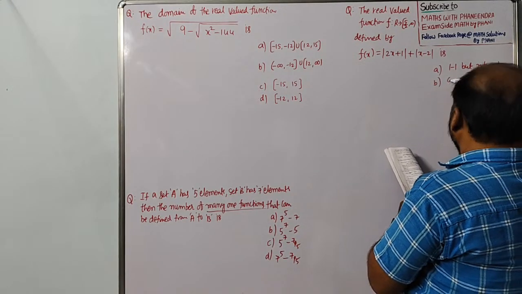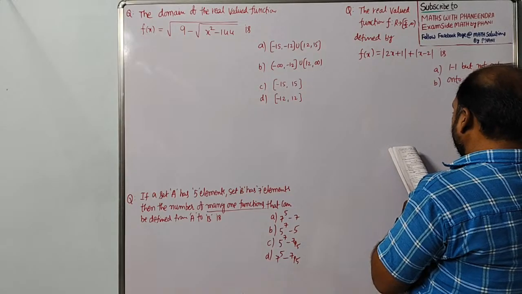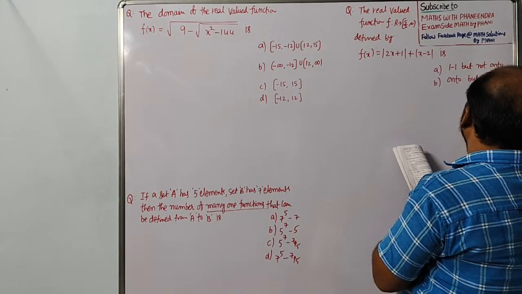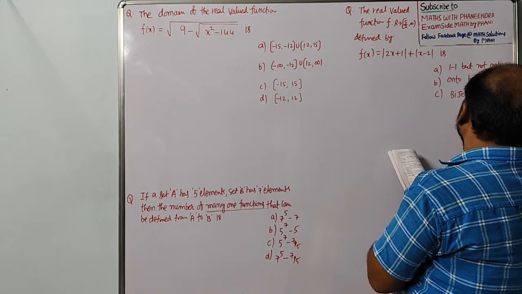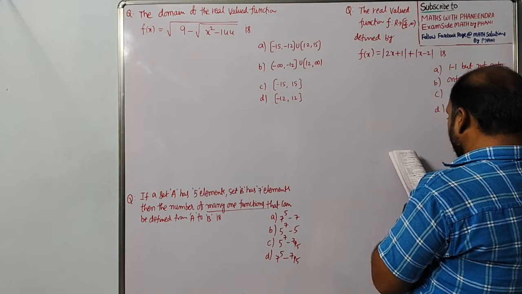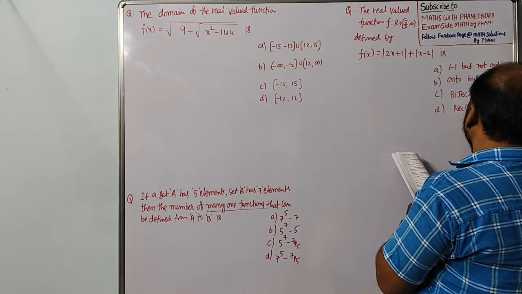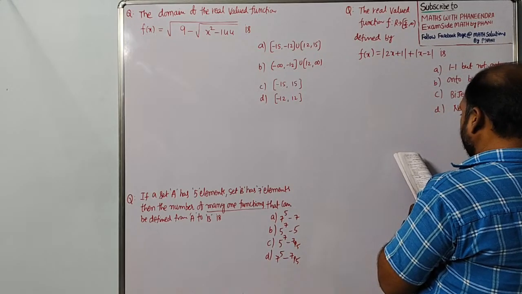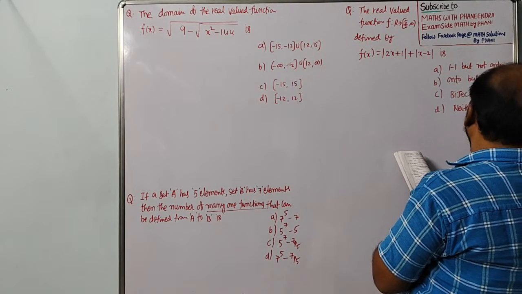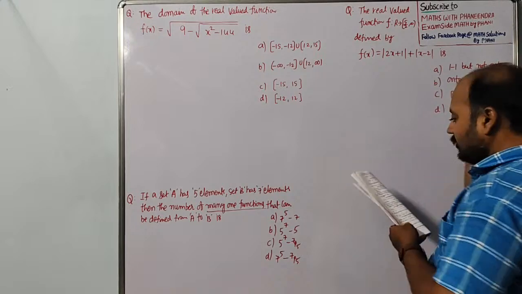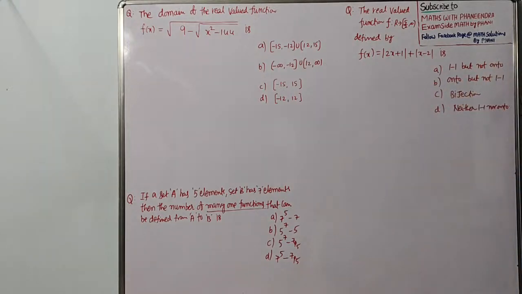Second one, onto but not one one. Bijection. Fourth one, neither one one nor onto. So these are the options, dear students.